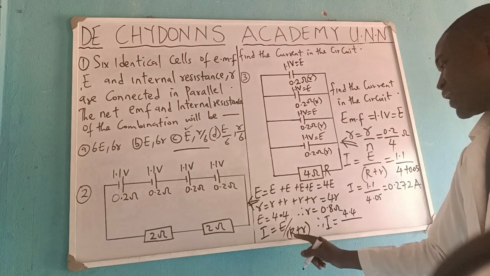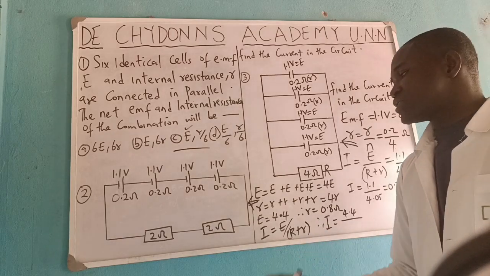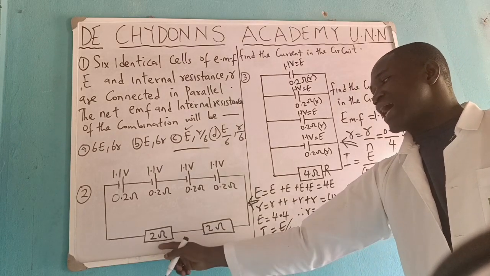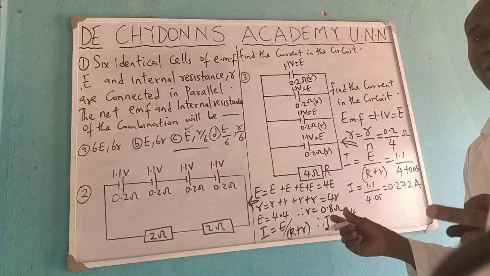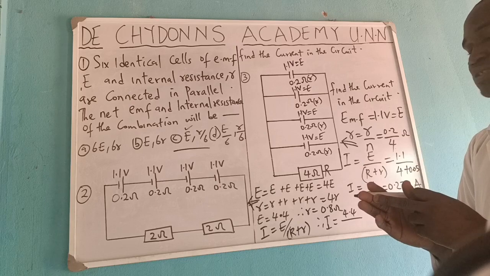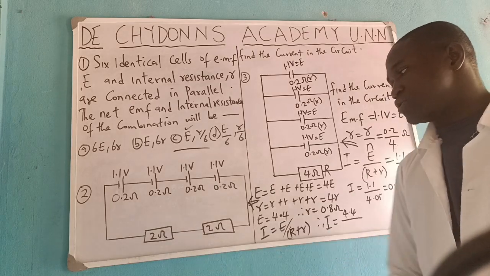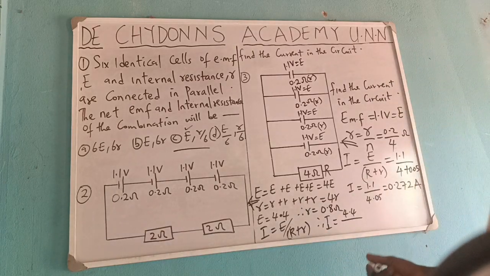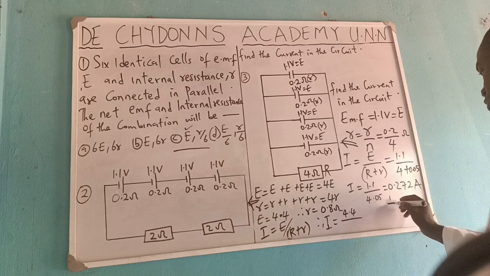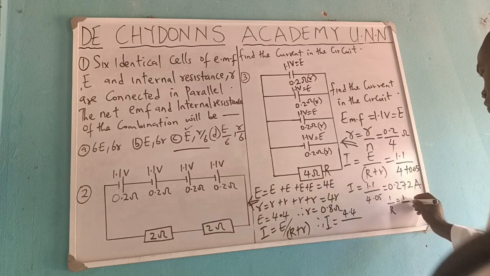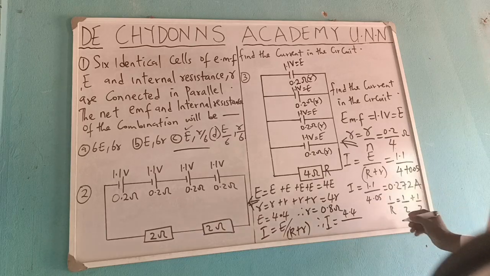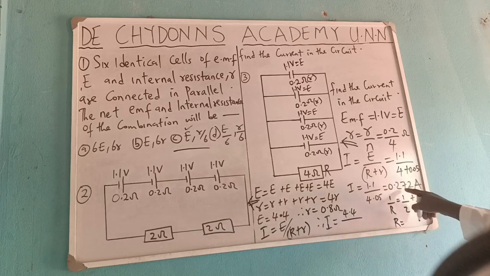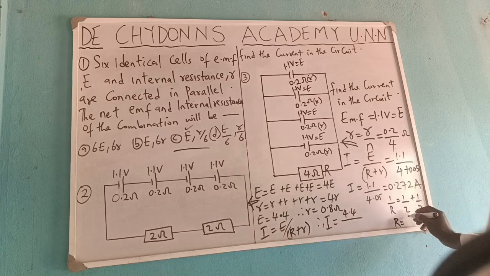Now we need to get our external resistance of the resistor. Now these resistors are in series. You use the normal way. When they are in series, you add. It's direct. Just add them together. But when they are in parallel, we used to say 1 over R equals 1 over 2 plus 1 over 2. Once they are in parallel, then our R will be equal to this plus this is 1, and everything will be 1 over what you got.